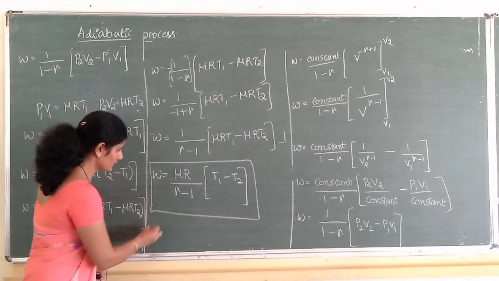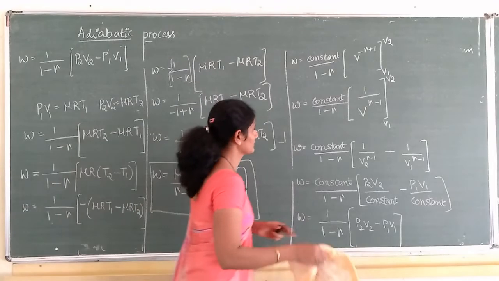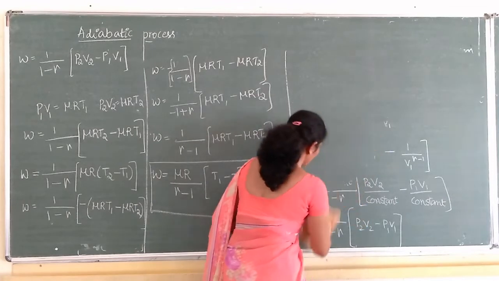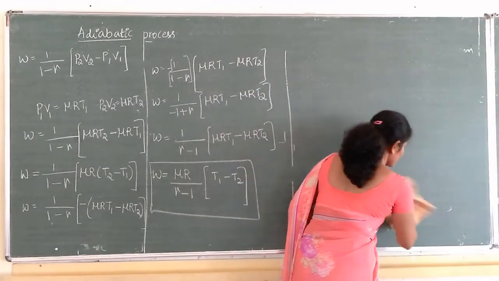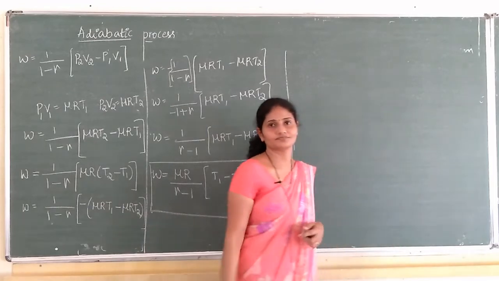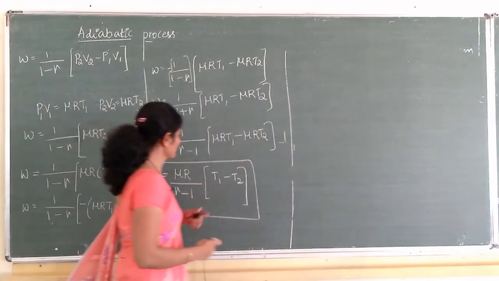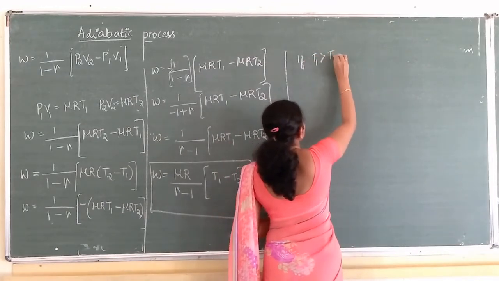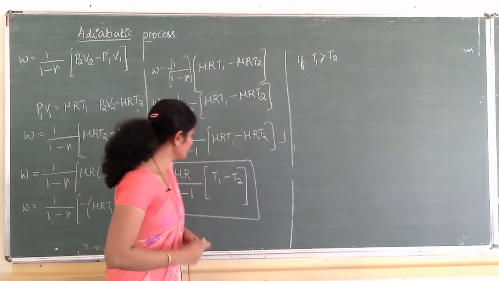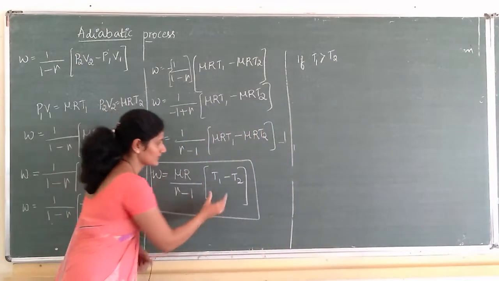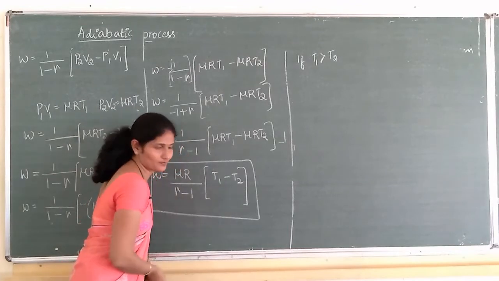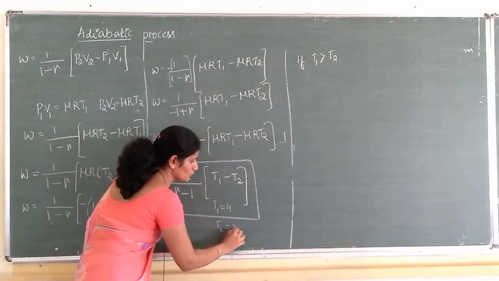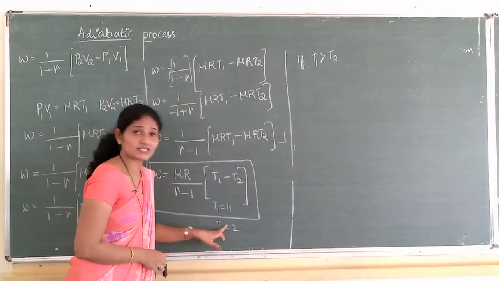Now if T1 is greater than T2, then this value is positive. T1 greater than T2 means if T1 is equal to 4, T2 is equal to 2, 4 minus 2 is plus 2.